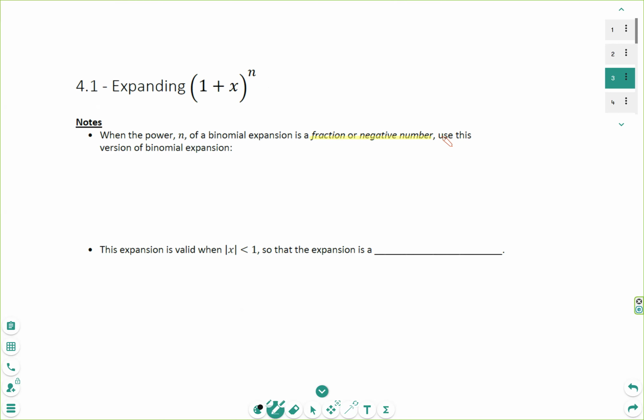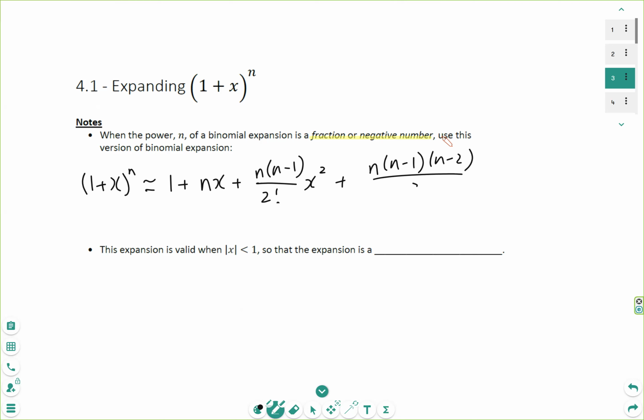This is also given in the formula booklet: (1 plus x) to the power of n roughly equals 1 plus nx plus n times (n minus 1) over 2 factorial x squared plus n times (n minus 1) times (n minus 2) over 3 factorial x cubed plus dot dot dot.